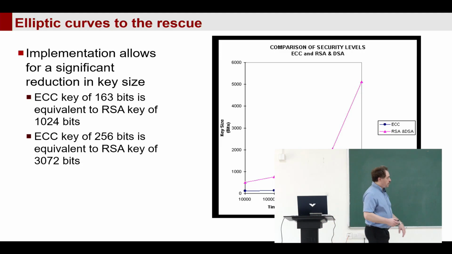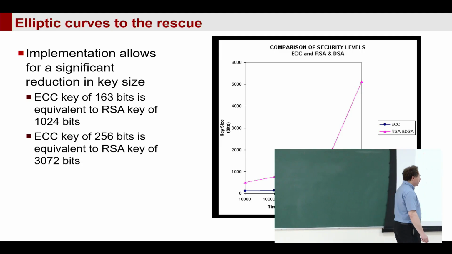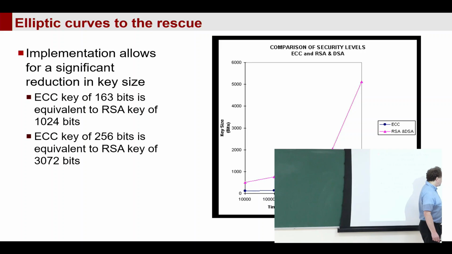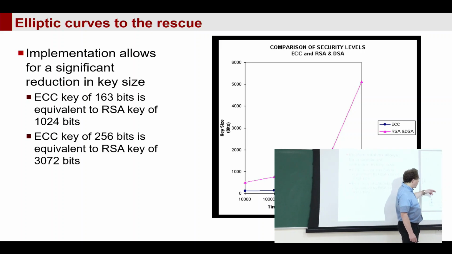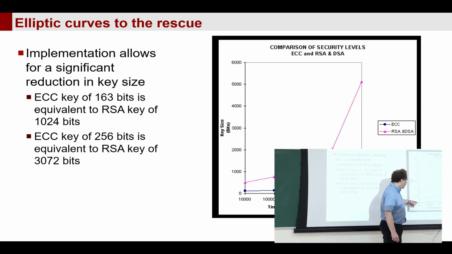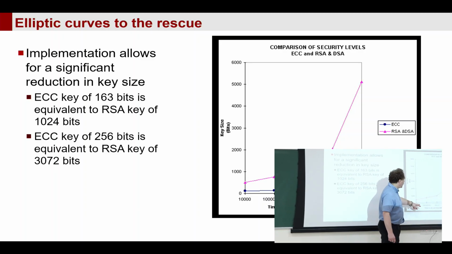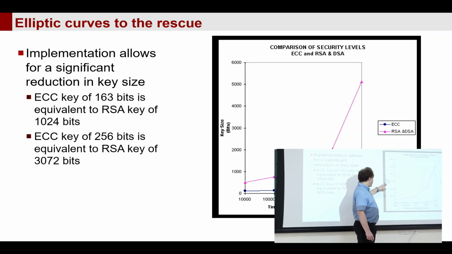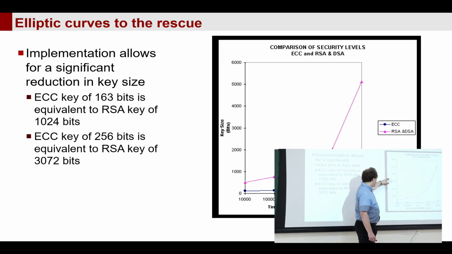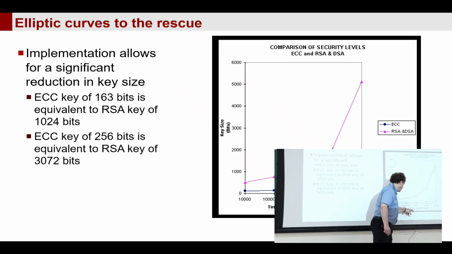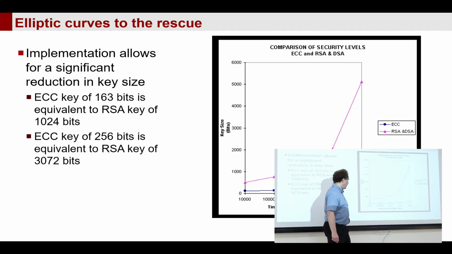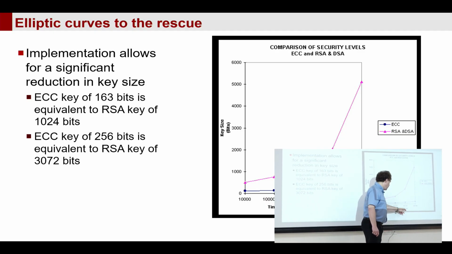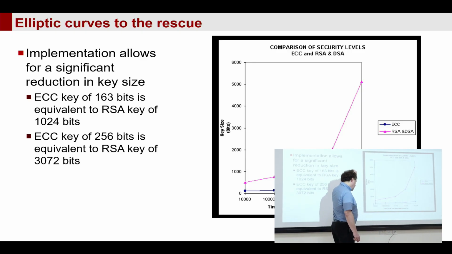And this plot on this slide shows basically the benefits, or how hard it would be to break elliptic curve cryptography compared to, say, RSA. Here we see the key size, and on the x-axis we have the years of operations.